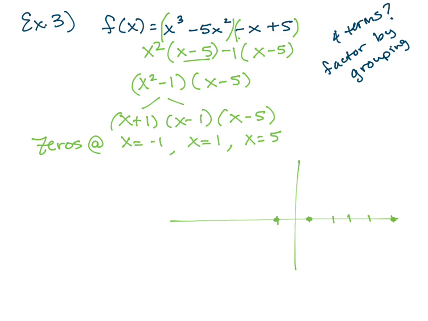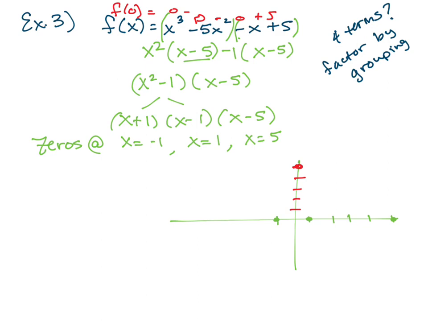If you plugged in a 0 for x, so if we were to evaluate f of 0, we would zero out the first term and the second term and the third term, and we'd be left with a 5 left over. Can you see it? Marcus, yes? This is a 0. 0 minus 0 minus 0 plus 5. So that means on my y-axis, I've got a y-intercept at 5.